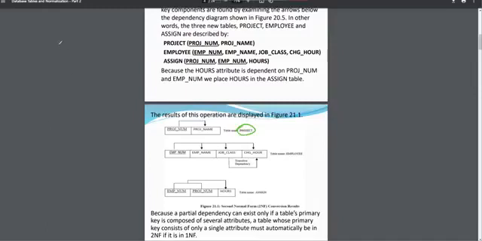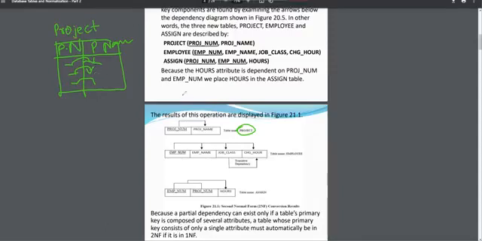If we get the records of the project table, then we can put the project number and project name here, and we have to mention the project number and the relevant project name there. That way we can produce one table, the project table, right?